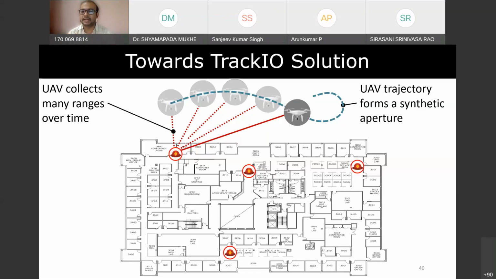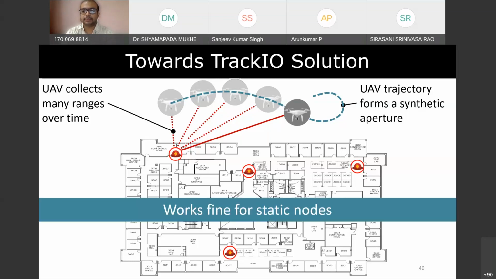So we call it synthetic. The aperture has been synthesized temporally. So the drone moves through all these probing locations, giving rise to this synthetic aperture. And you have location coordinates of the drone, so it can help you solve the location of the person. It works fine for static nodes, no problem.